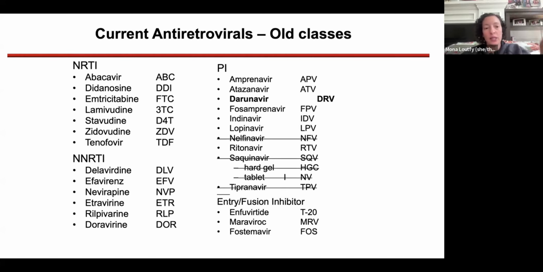But that's acting at one location of the replicative cycle. So we could use a combination, for example, Truvada plus Prezcobix. Do you see that? Because we have the Truvada acting at one site of replication, and then the darunavir or Prezcobix is a protease inhibitor. It's blocking protease, which acts at the end when it's putting all the stuff together to kick out of the cell.